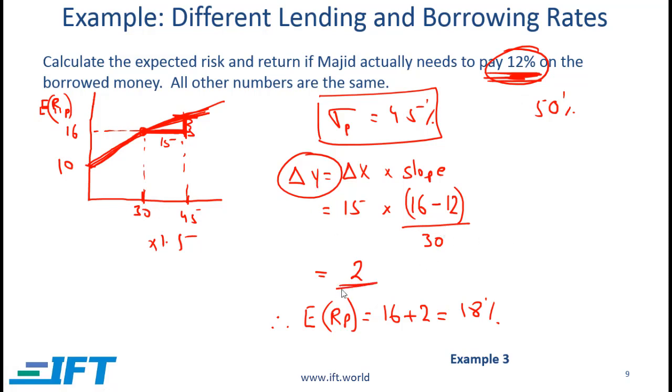So the change in y then is 2, and the expected return on the portfolio is 16 plus 2, which is 18. As expected, this number is less than what we came up with on the previous slide, and the number there was 19%. Now I want you to do example 3 from the curriculum.